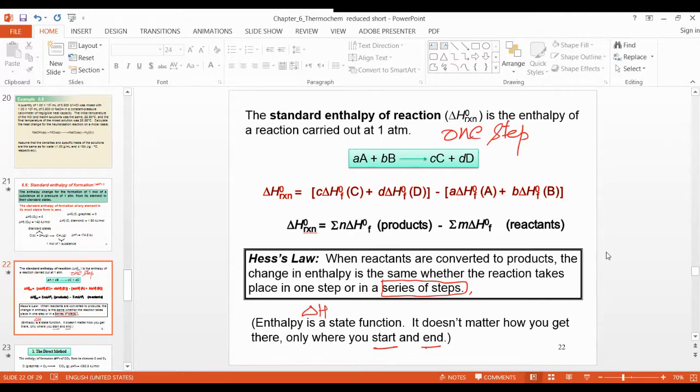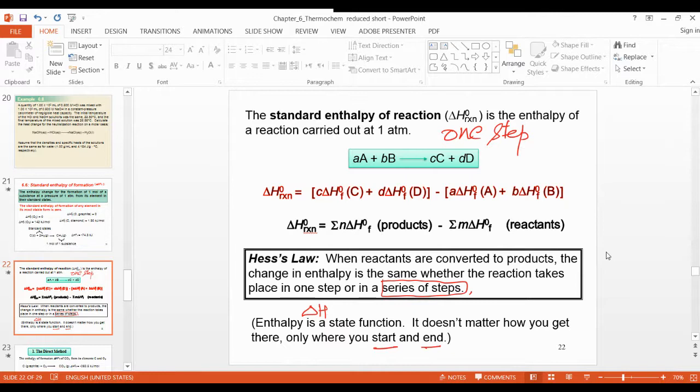This is the direct calculation. For Hess's law, we have direct or indirect. For direct calculation we can use this formula, but the indirect calculation of Hess's law is different.